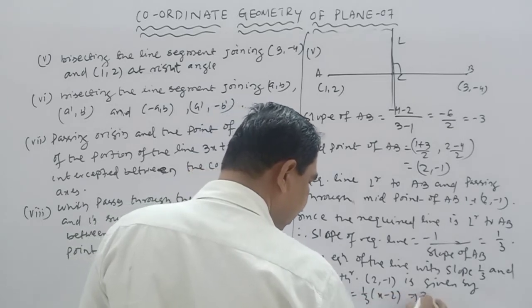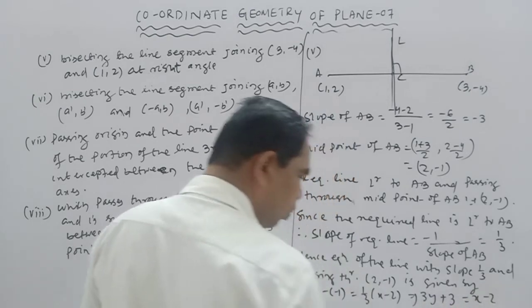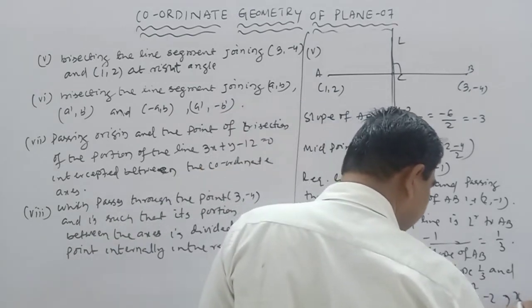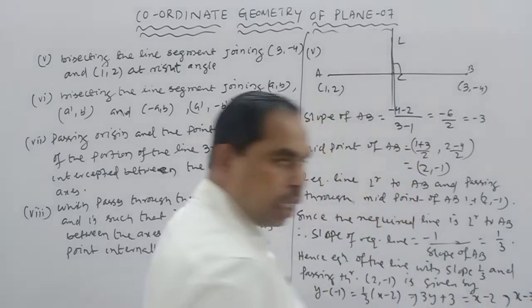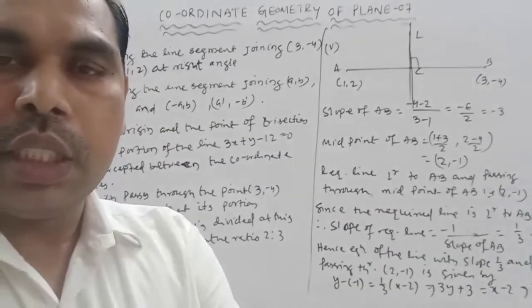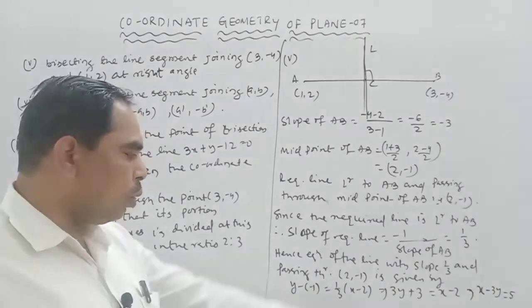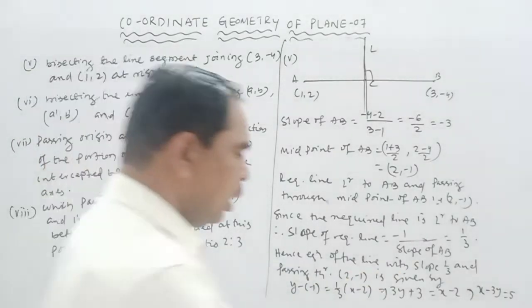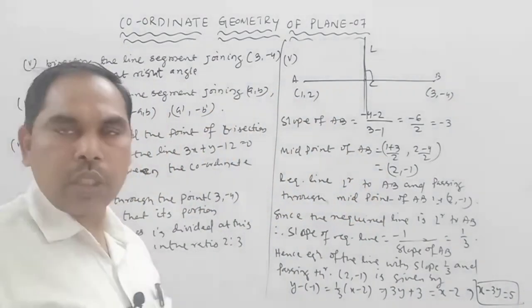This implies 3y plus 3 is equal to x minus 2, or this implies x minus 3y is equal to 5. X minus 3y is equal to 5. This is the required equation of the straight line. Okay.